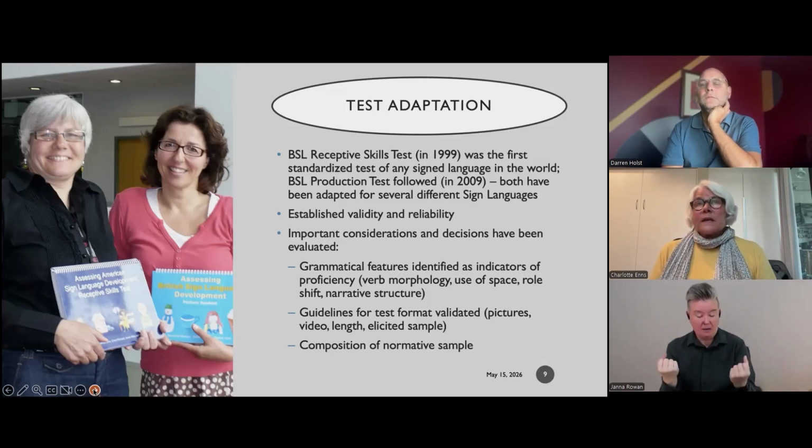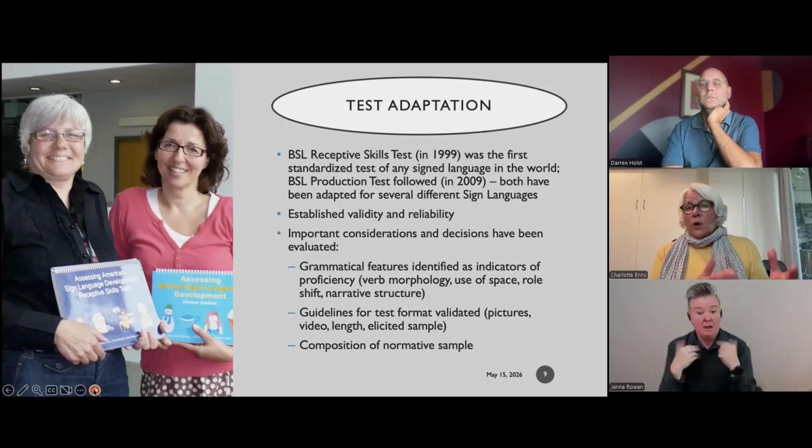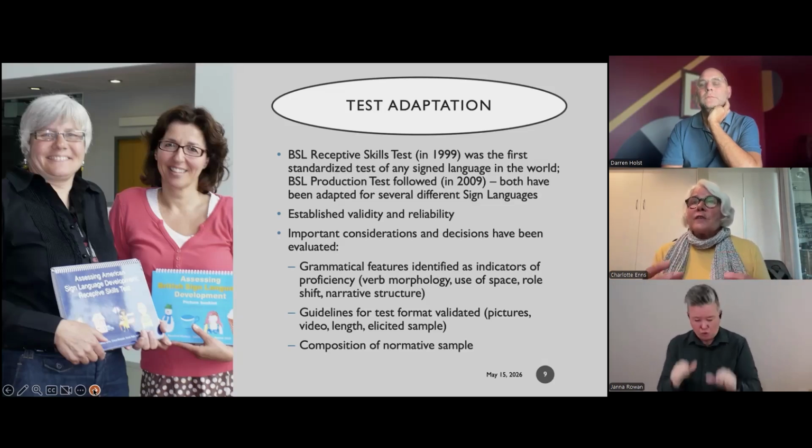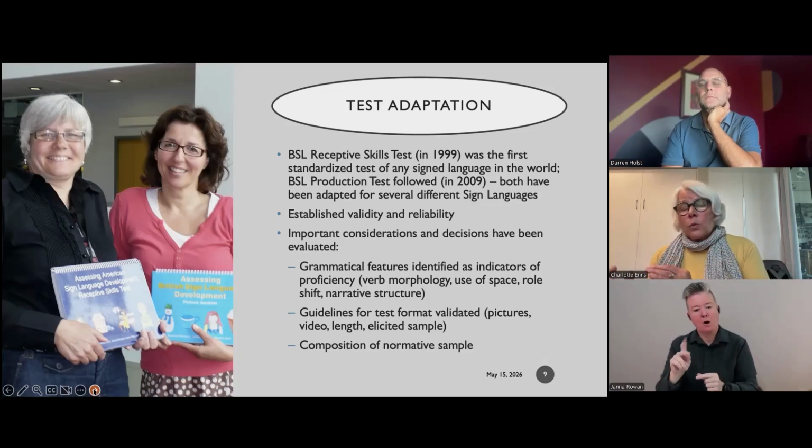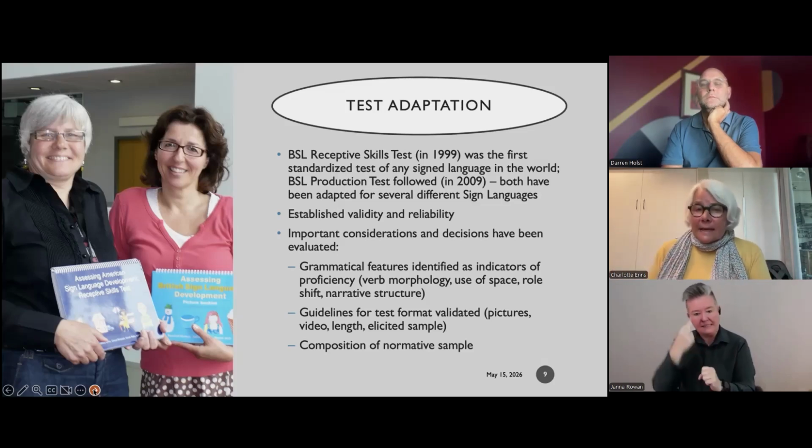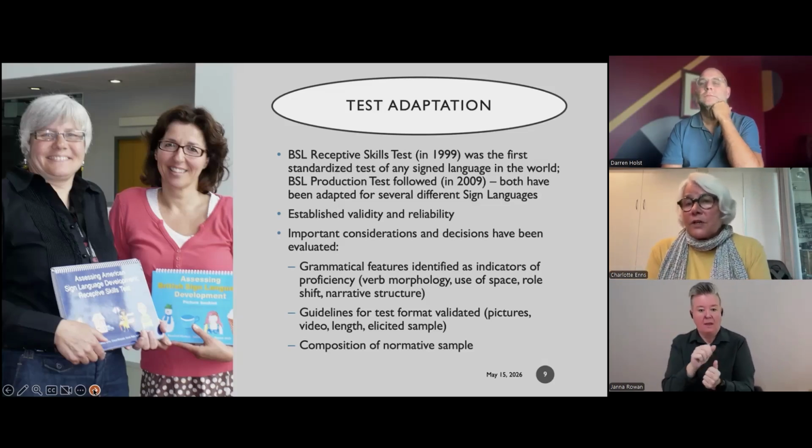And it facilitated our process by having a test that was already determined to be reliable and valid, and that we could just make sure that the same types of grammar markers would make sense in ASL as they did in British Sign Language.